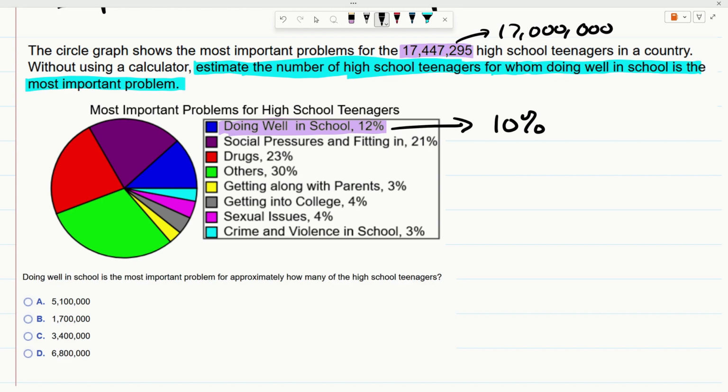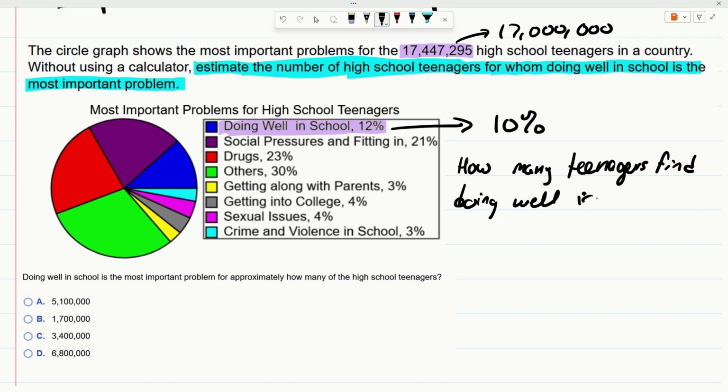What they're really asking us is how many teenagers, I keep calling them students, we'll call them teenagers, that's the word they're using, find doing well is the most important problem.